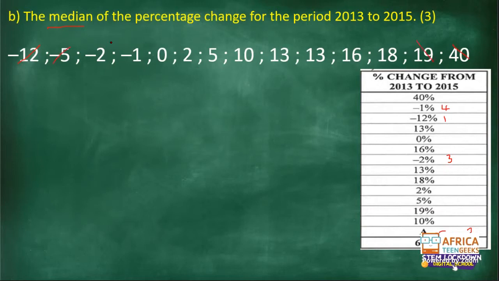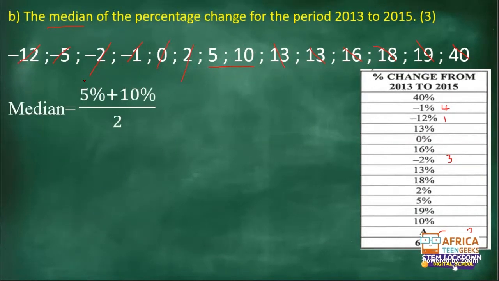Now we're on 2, now on 3, now on 4, now on 5, now on 6. Then you are left with these 2 in the middle. That means that is your median there. You've got these 2 values in the middle, so that's why we have 5% plus 10% divided by 2. Your answer would be 7.5%.